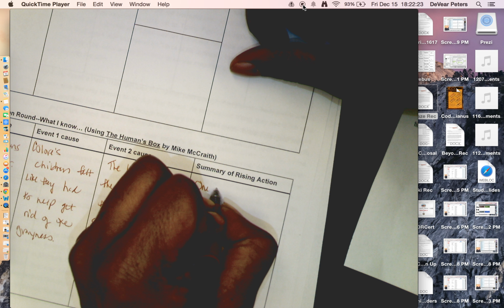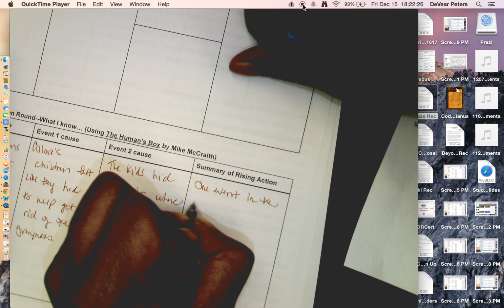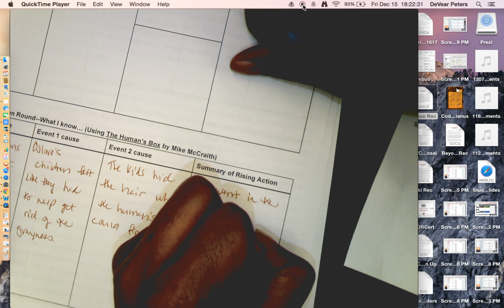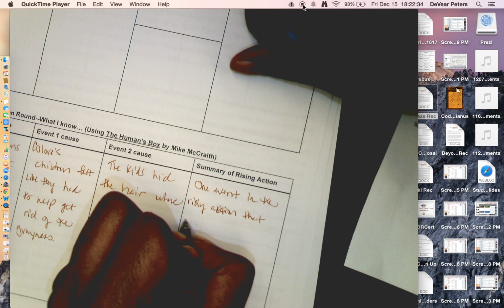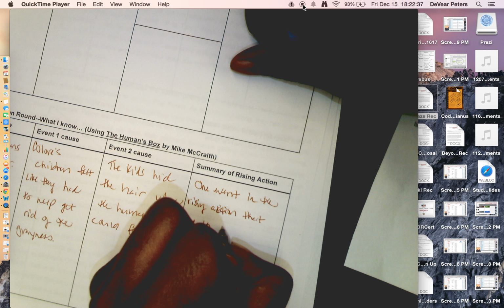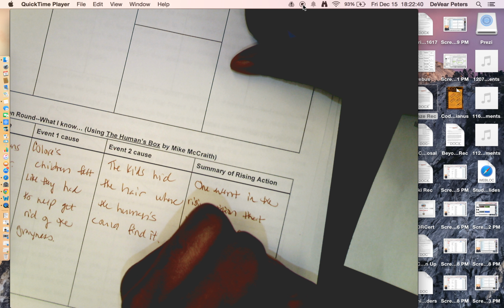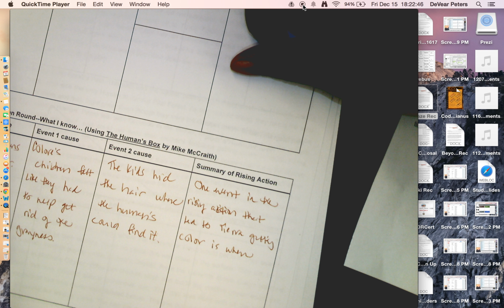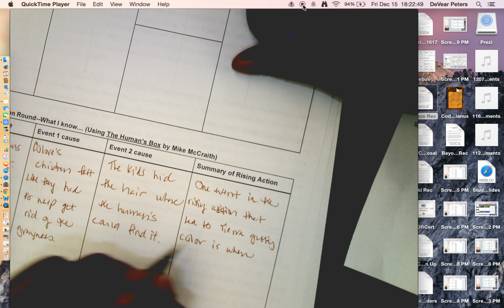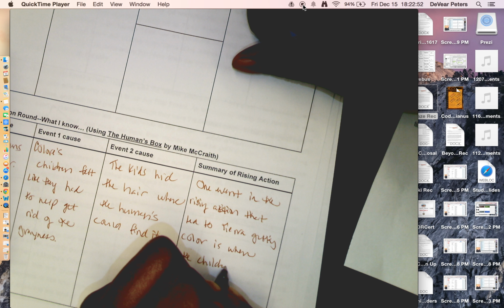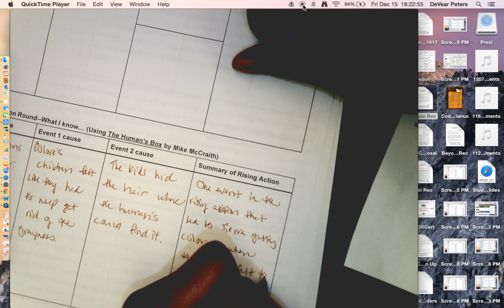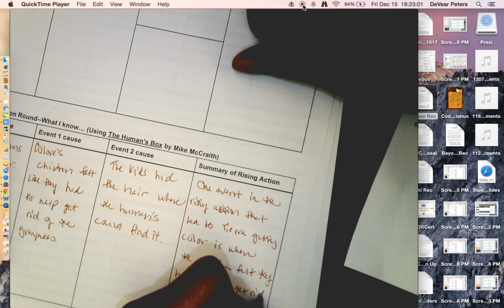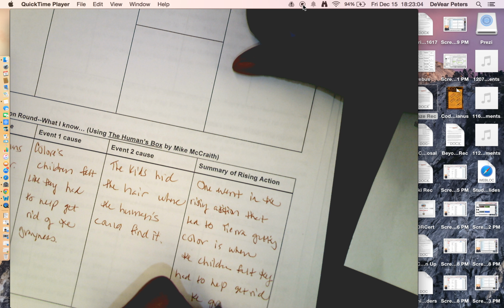This is the one event in the rise in action that led to Tierra getting color, is when the children felt they had to help get rid of the grayness.